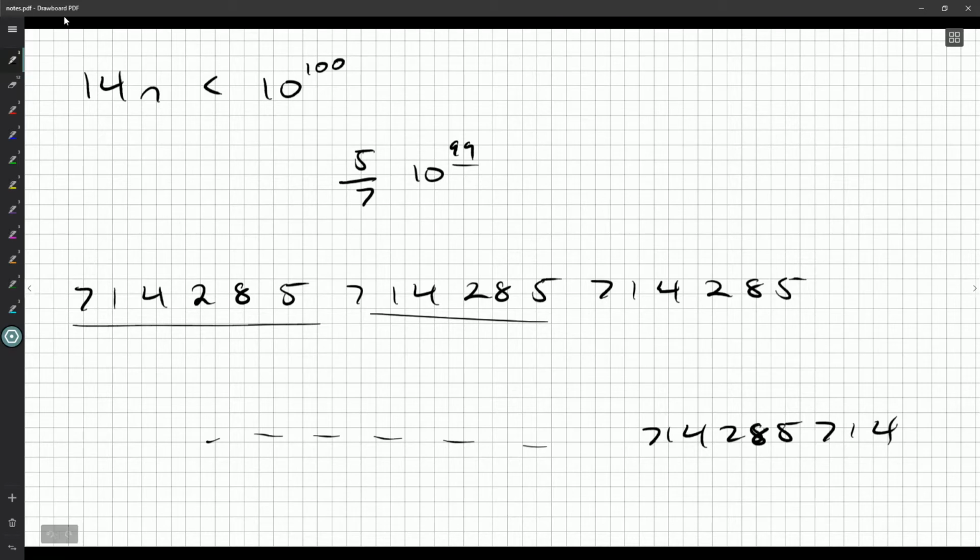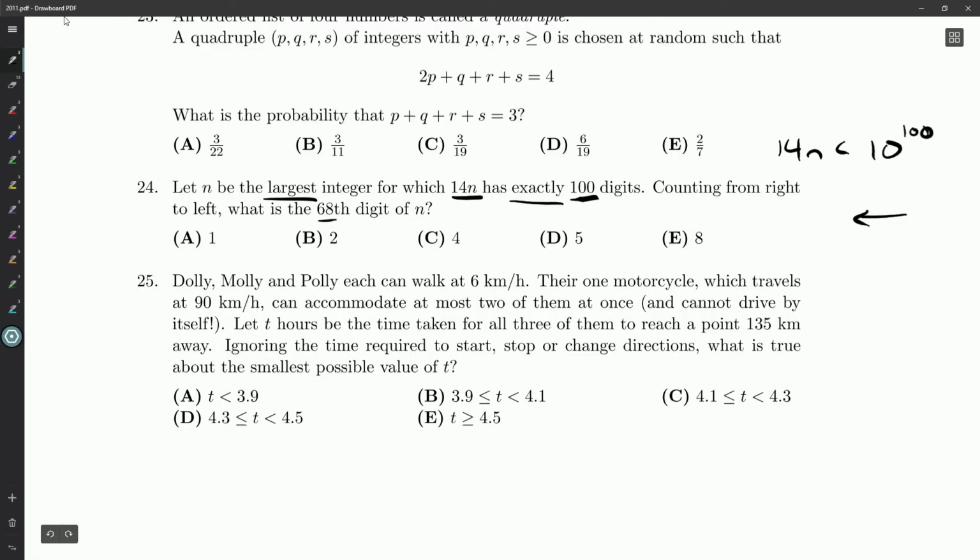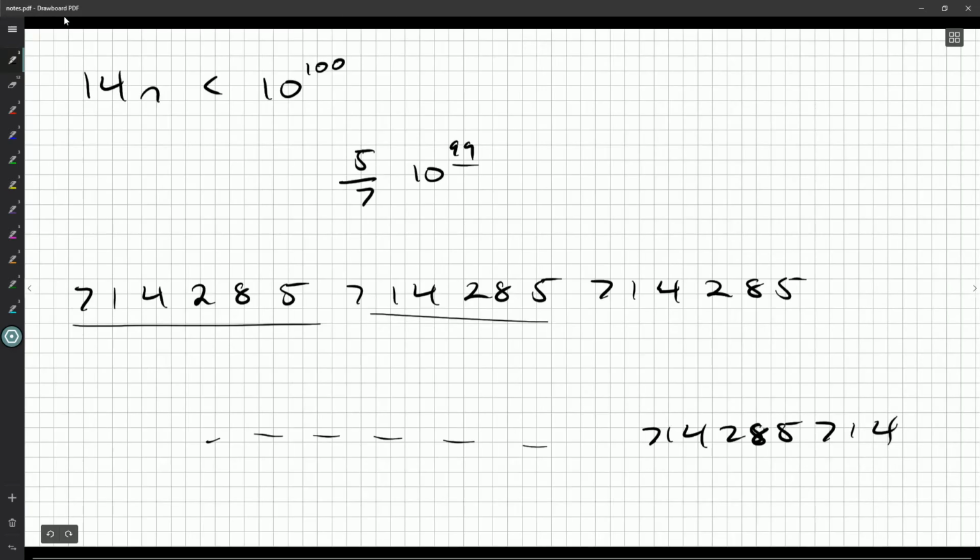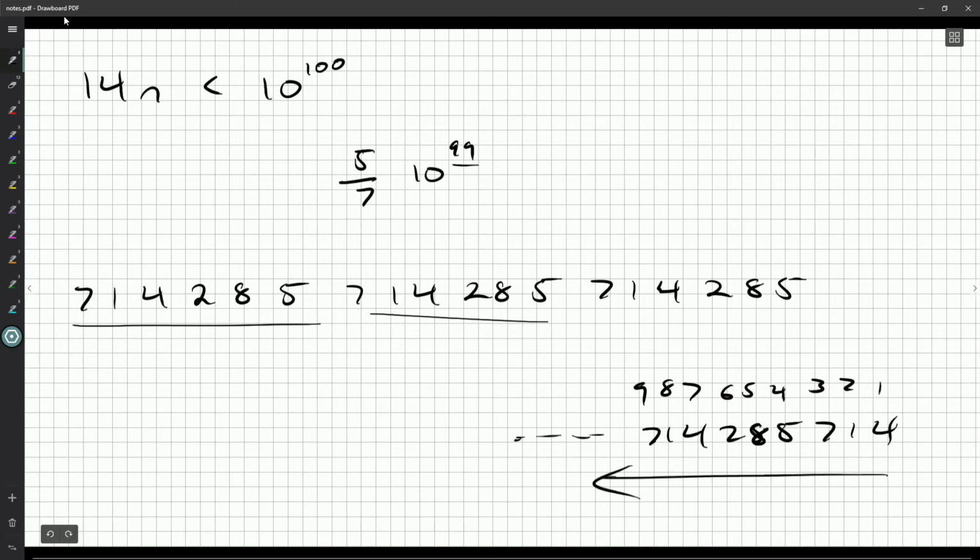So that's what the number basically looks like. Now, what do I want? I want the 68th digit counting from right to left. So this is digit 1, 2, 3, 4, 5, 6, and then it repeats 7, 8, 9, and so on. Now 68 divided by 6 gives 66 with remainder. So this will keep going, counting up this way, because we're counting from right to left.